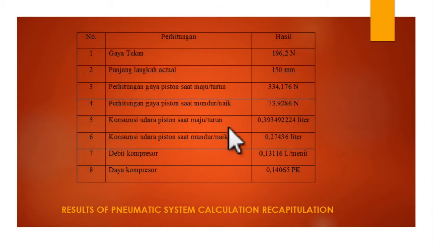That is the compressor 0.131161, and then that is the tank producer 0.14865 horsepower. That is the result of the pneumatic system calculation and recapitulation.